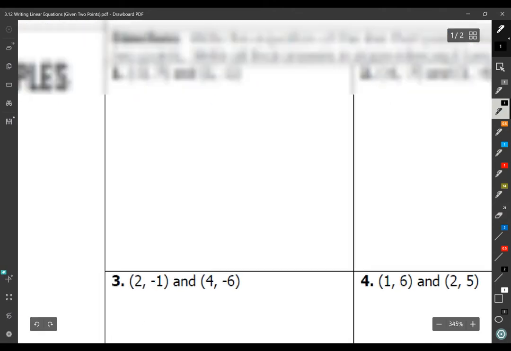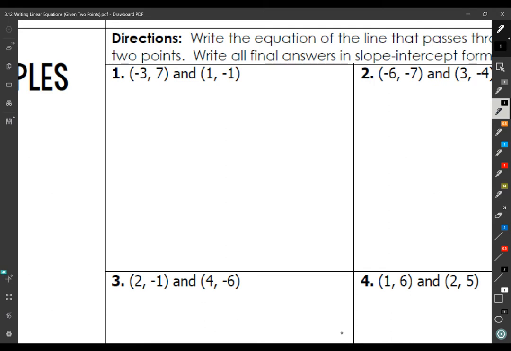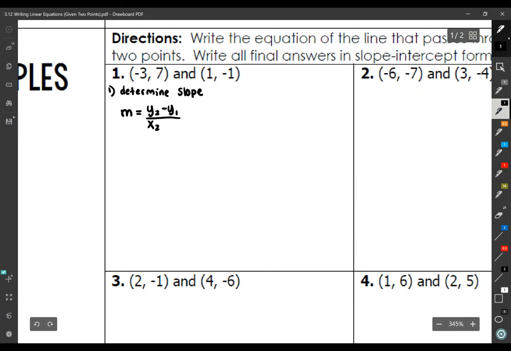So step 1 is determine slope. That's step 1. So m we know is equal to y2 minus y1 over x2 minus x1. Let's go ahead and substitute in our points.